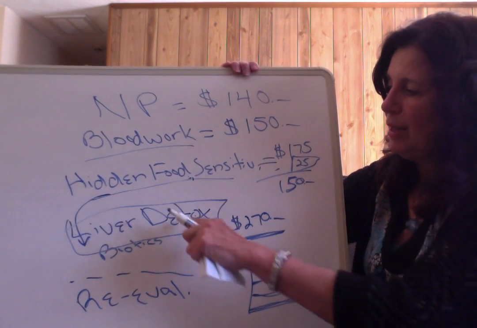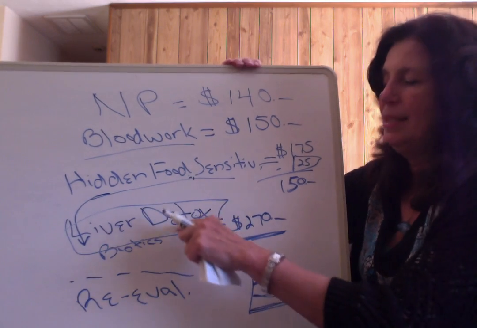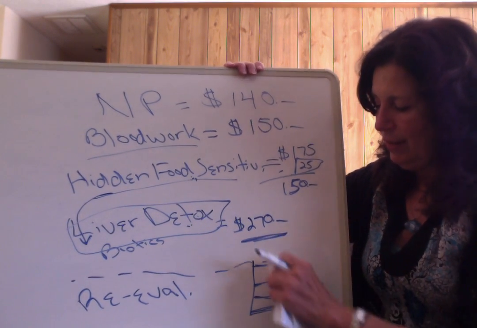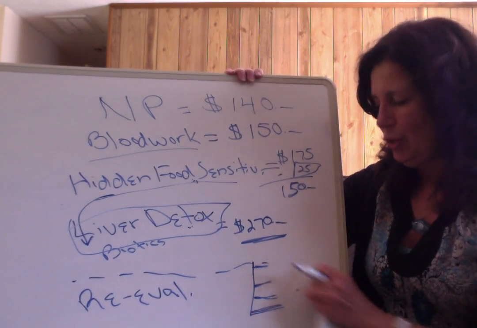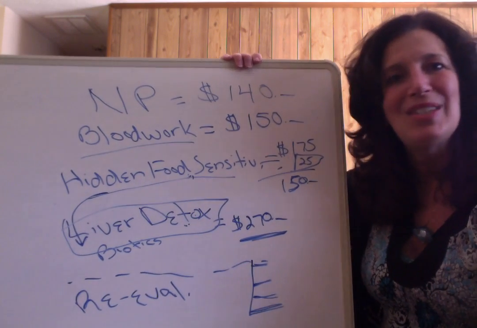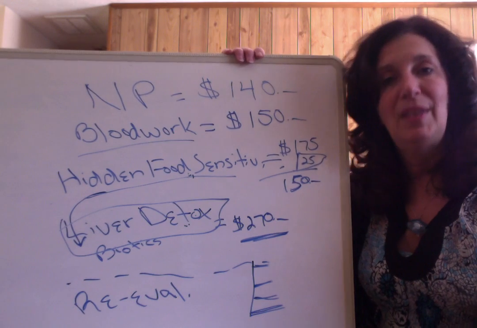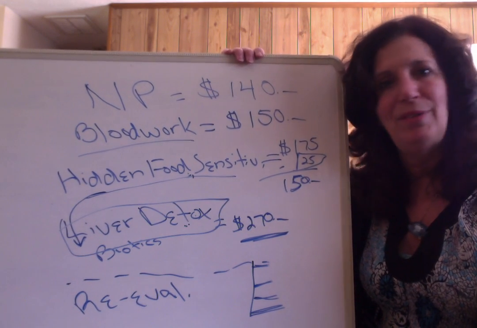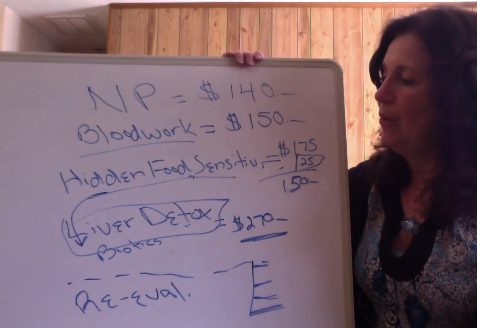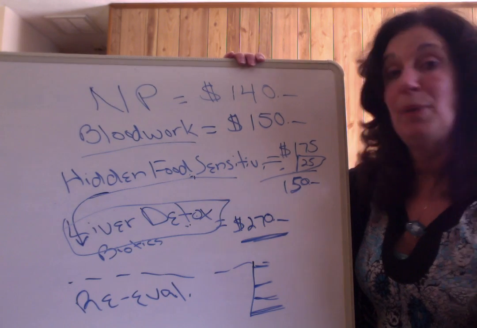After we've done this process, removed hidden food sensitivities, cleaned the liver, and I do that reevaluation, quite often we'll see that chart look like this. There's a change there every single time. And every single time people tell me that they feel better. Without fail, they'll tell me that. So it's a very valuable process.